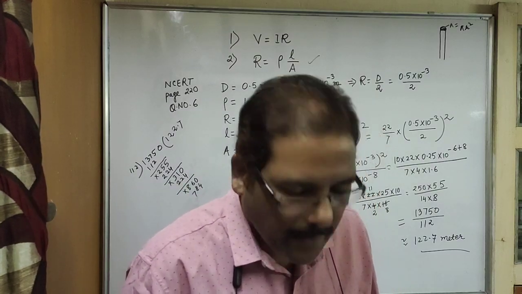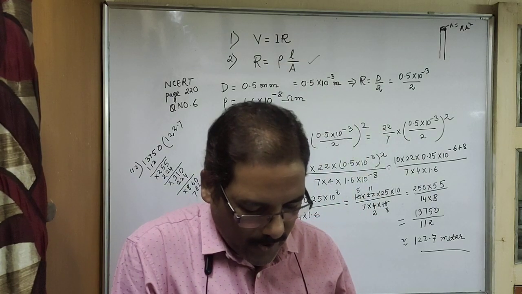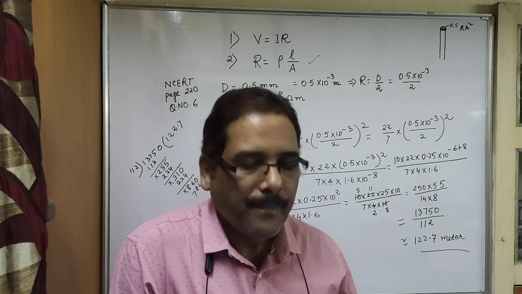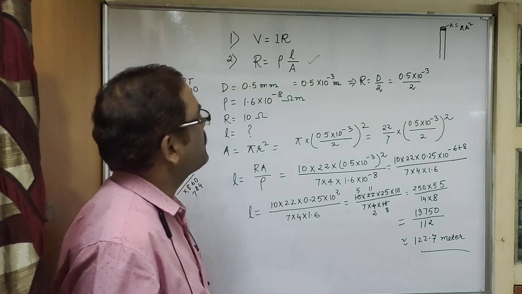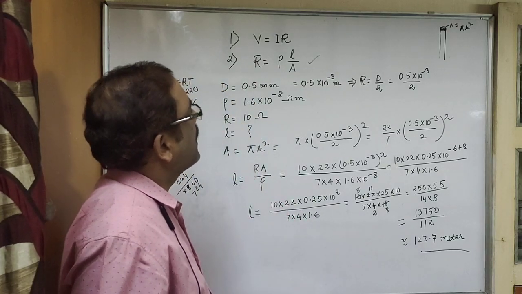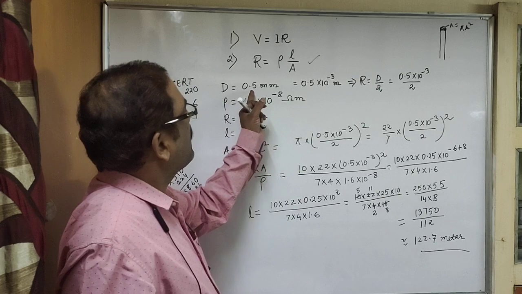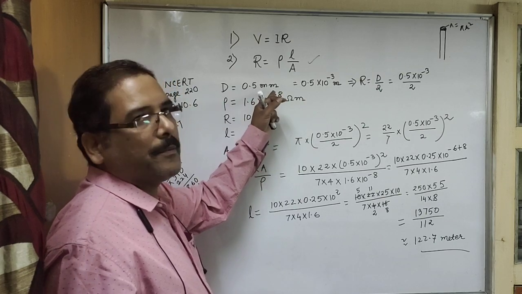Now the second part of this question is, how much does the resistance change if the diameter is doubled? So again you have to do the same thing. It means earlier diameter was 0.5 mm.